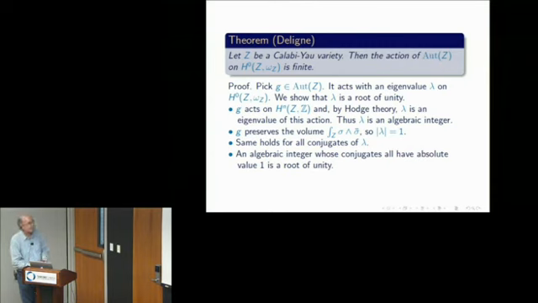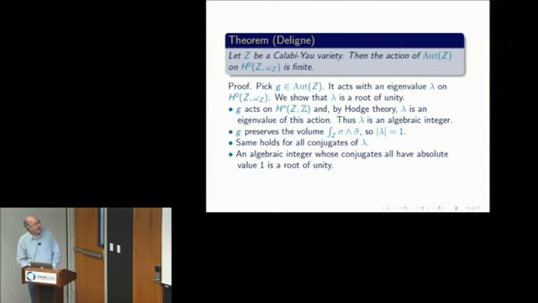Okay. Now, we also know that G is an automorphism, and if I integrate sigma wedge sigma bar, where sigma is a section, then that's a volume. So the automorphism preserves the volume. So that means that lambda times lambda bar is in fact 1. So lambda has absolute value 1.